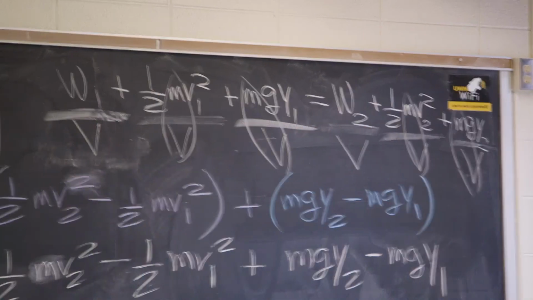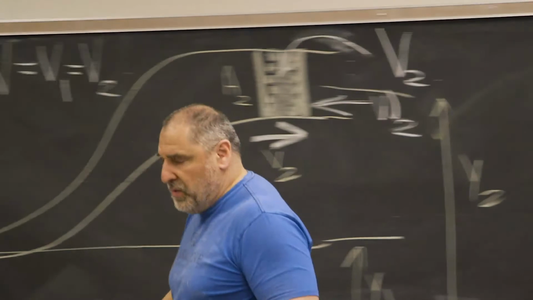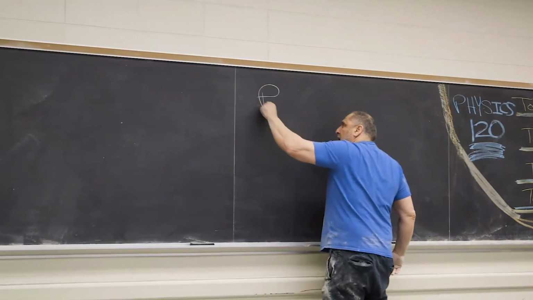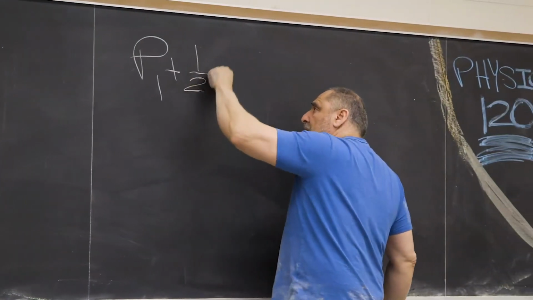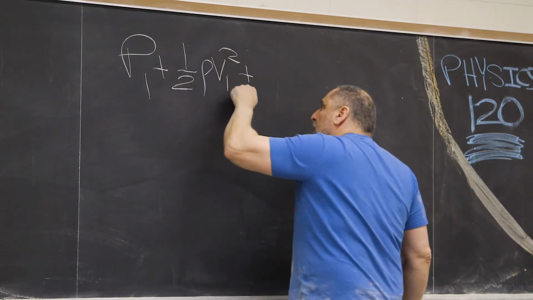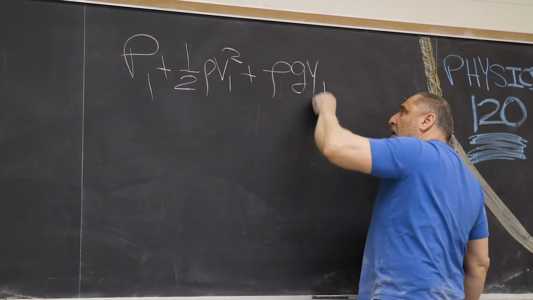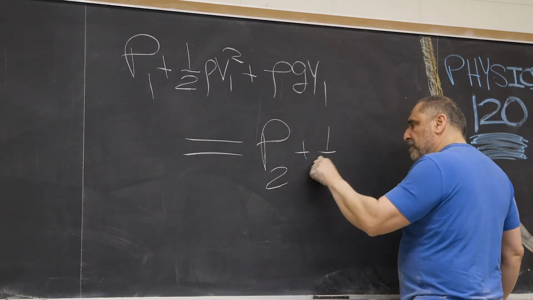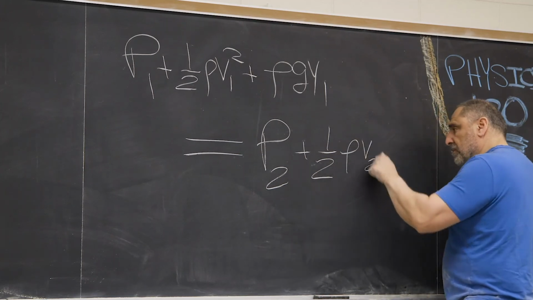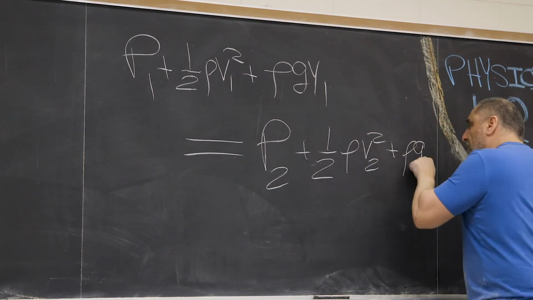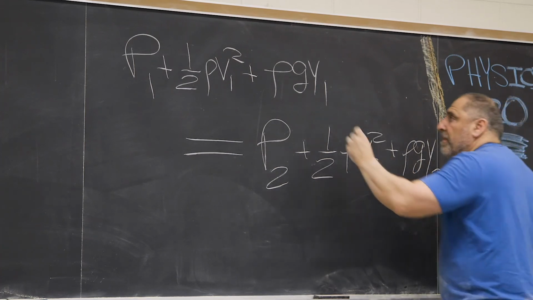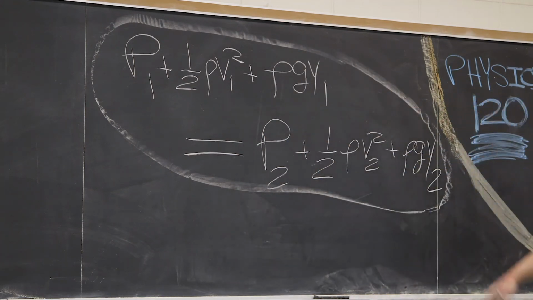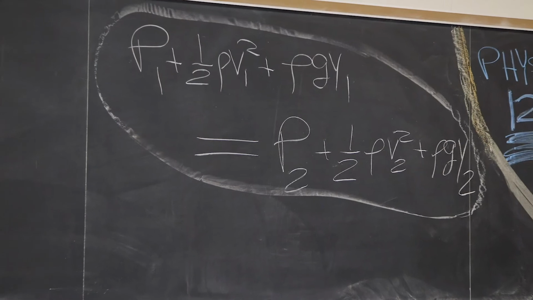This right here, all of this reduces to, comes out to, that's Bernoulli's equation. It's a rip-off of the conservation of energy.